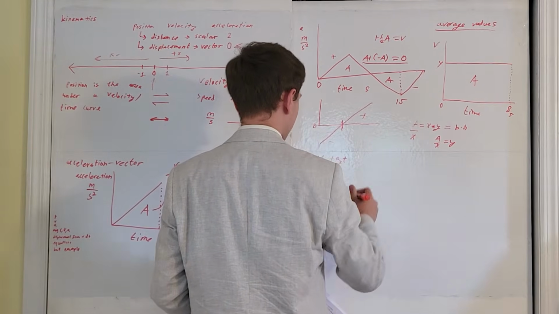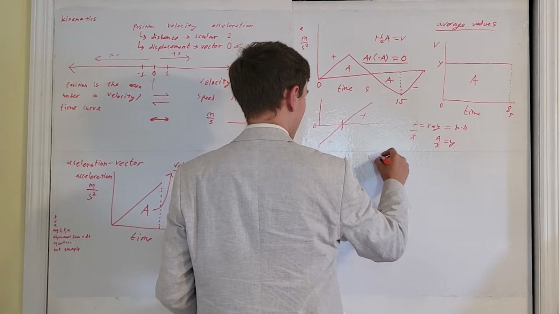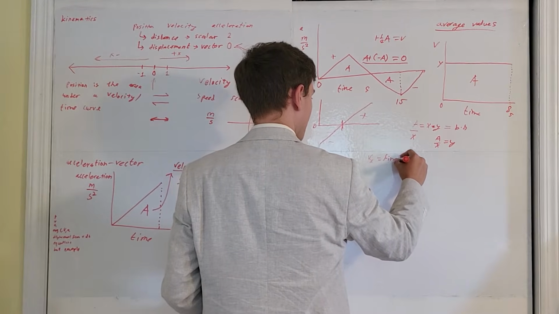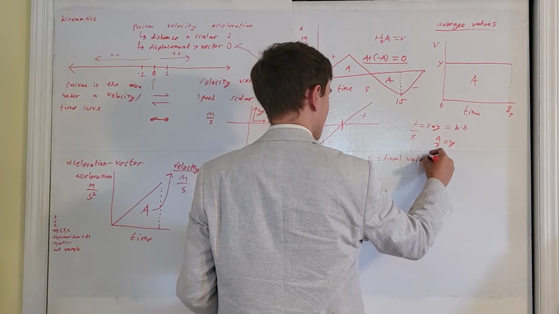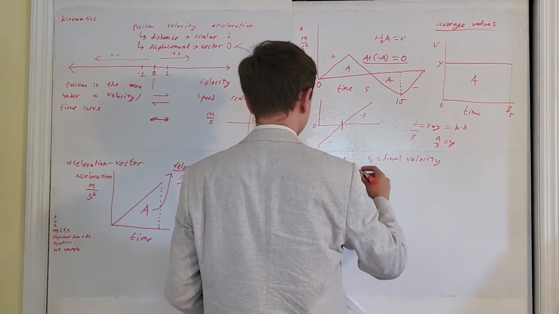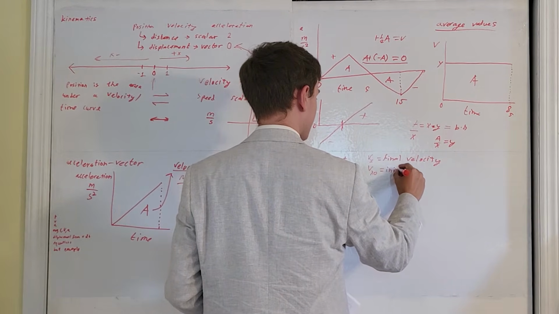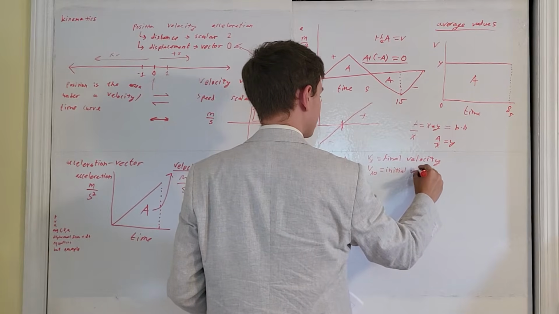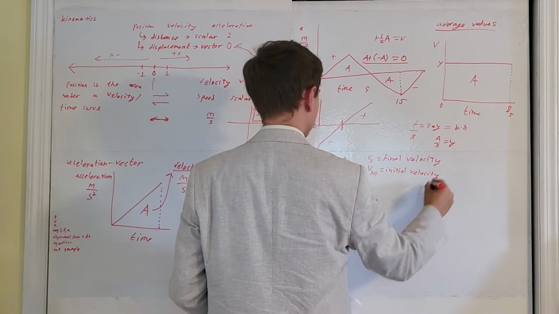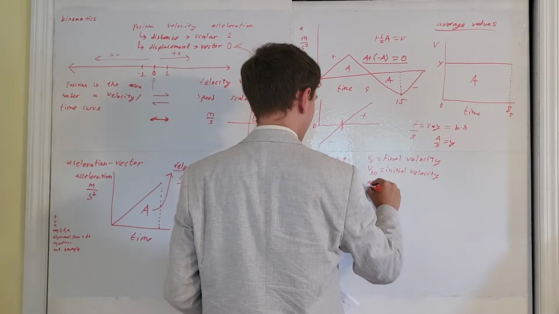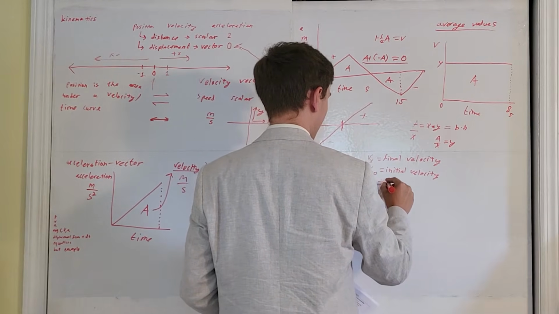V sub x, that would be our final velocity after some time has passed. Vx naught would be our initial velocity. And ax would be our acceleration.